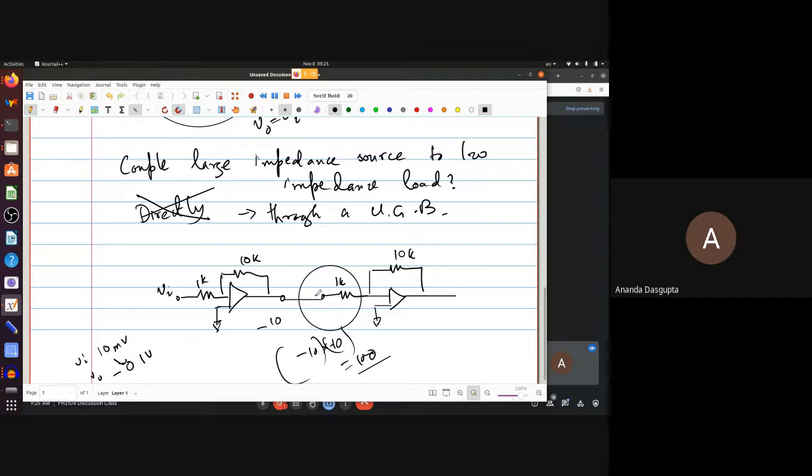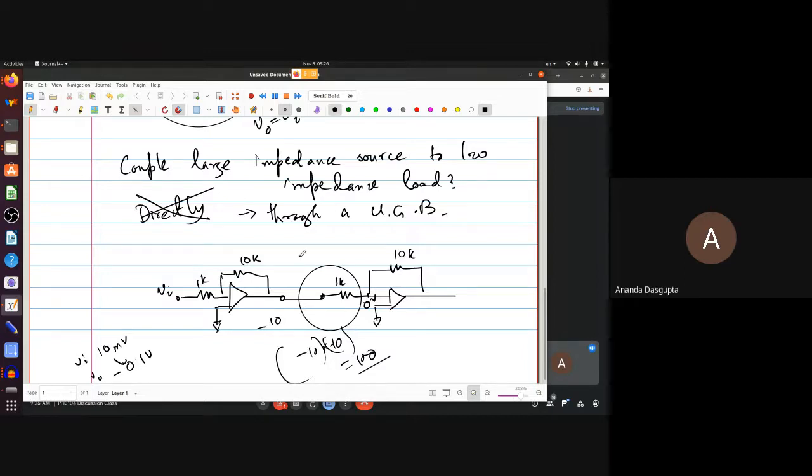It sees a 1K resistance between this point and this point, which is the virtual ground, right? So you get a 1K resistance between this point and the ground. So from an external source's point of view, the circuit actually has an input impedance of 1K. Now that's not a huge input impedance.